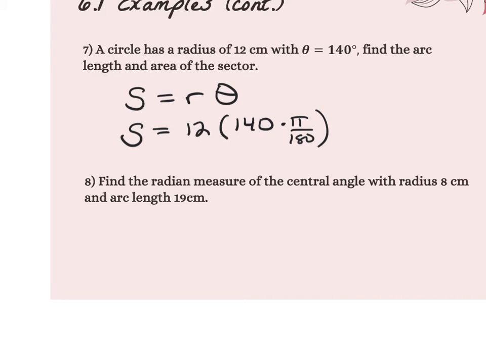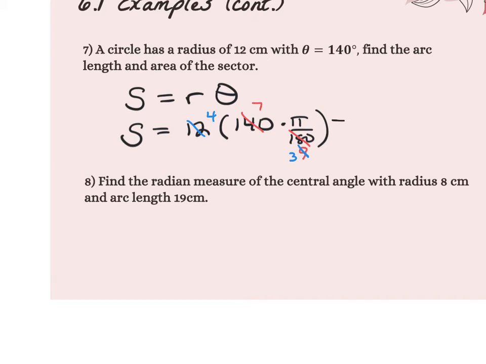If it says to use a calculator and round your answer, then that's when you'll touch your pi button. So here I could simplify the 140 and the 180. I can change this to a 7 and this to a 9. I can also simplify again with the 12 and the 9, make that a 4, make that a 3.